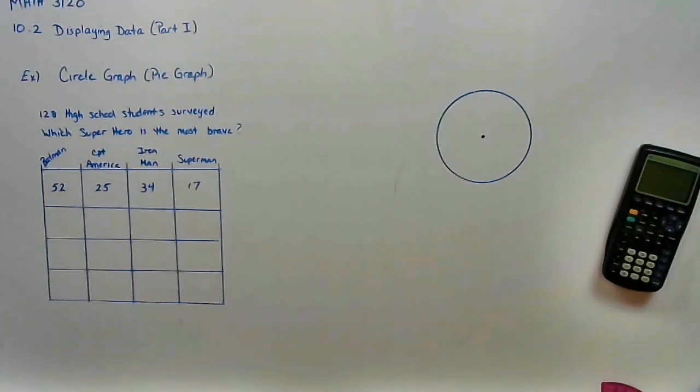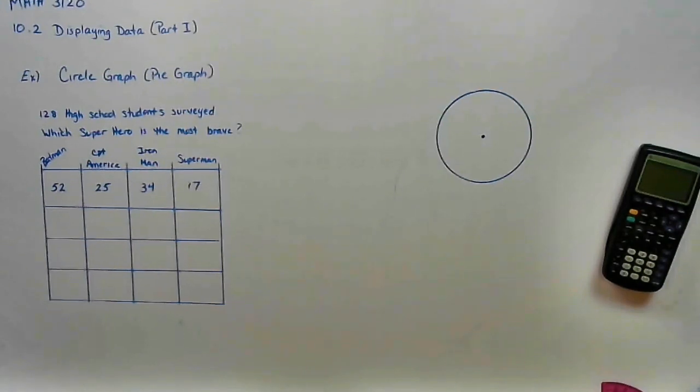Okay, so here we left off with our superhero battle on which one was the most brave. And our 128 students in this high school class answered the following way. Okay, so a circle graph uses percentages. It uses part of a whole.